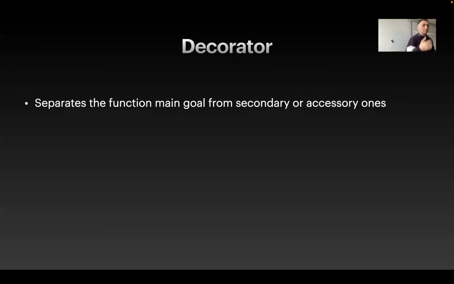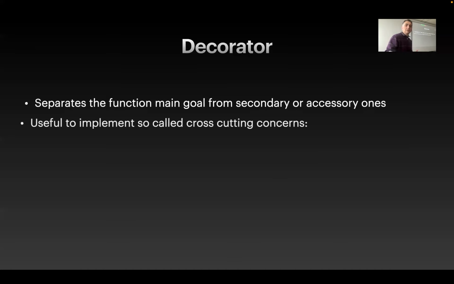Publishing to the network, publishing to a database. There are a lot of things that must be done within your function, but they are not the main goal of the function. If you start adding all this code, you end up with something very long and unreadable. So the idea of using the decorator is to separate this functionality, put it in another function, but reuse it right where you need it, and document it the same way.